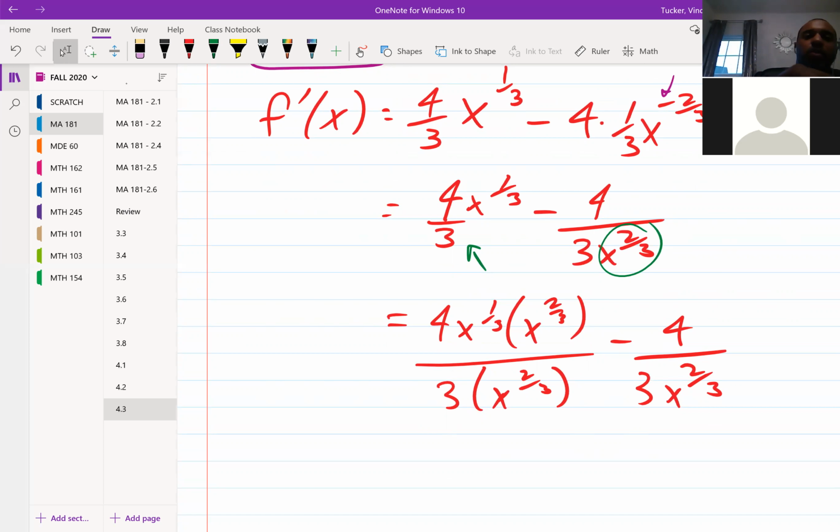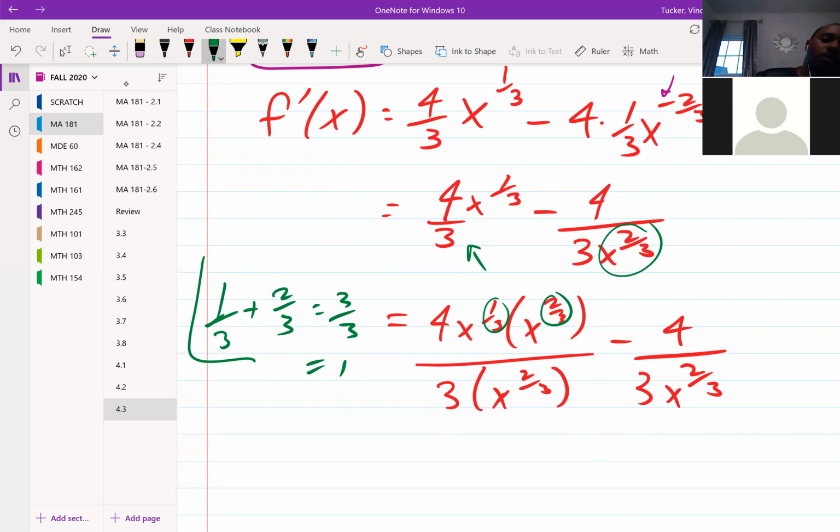All right, so here, whenever you multiply your variables, you add your exponents. So that'll be 1/3 plus 2/3, which would be 3/3, which is just 1, of course.